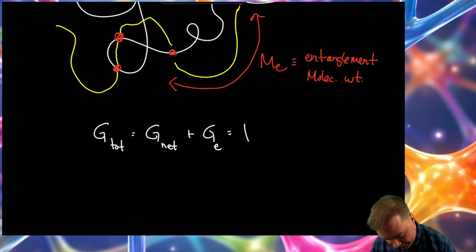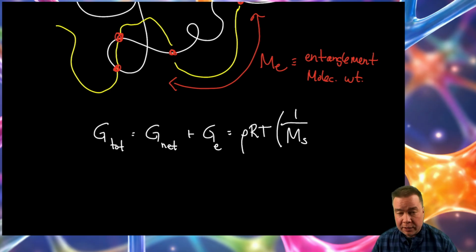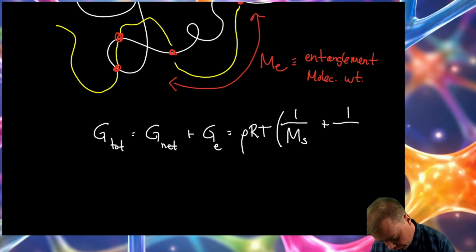And so what I get at the end of the day is rho RT multiplied by 1 over the molecular weight of the strands, the molecular weight between the chemical crosslinks, plus 1 over the entanglement molecular weight.